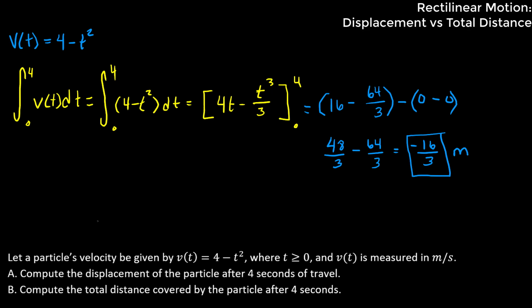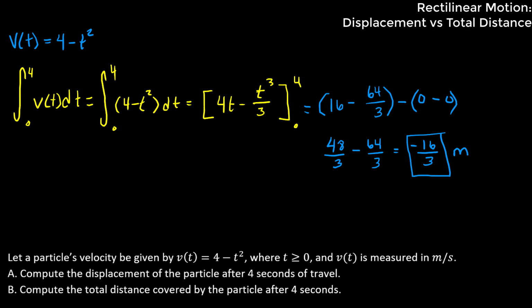If we're discussing rectilinear motion, straight line motion, and we're drawing this, let's say this is where we started. After the 4 seconds of travel, it ended up about over here, 16 over 3, which is about 5 1/3 away. So 5 1/3 to the left. That's why it's negative. If it was positive, it'd be 5 1/3 over here. But that's the beauty of it. That's displacement. It can be positive or negative.